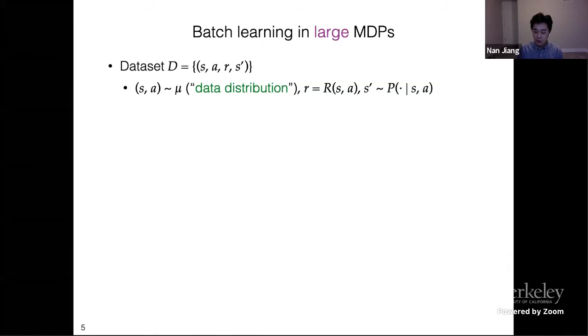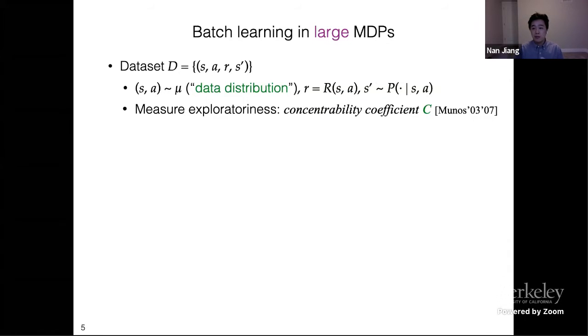to the environment dynamics. Okay, so as I mentioned before, this data distribution mu has to satisfy some exploratoriness conditions. A very typical standard definition in the literature is called the concentrability coefficient, which is a measure.